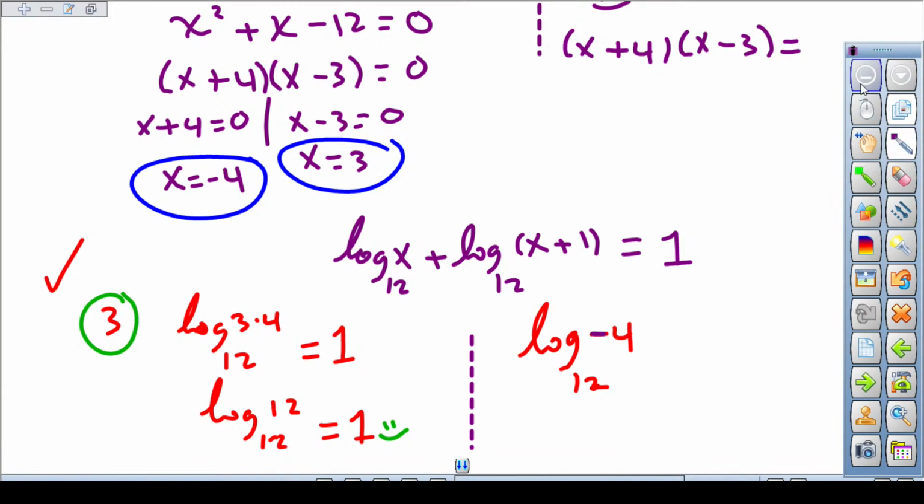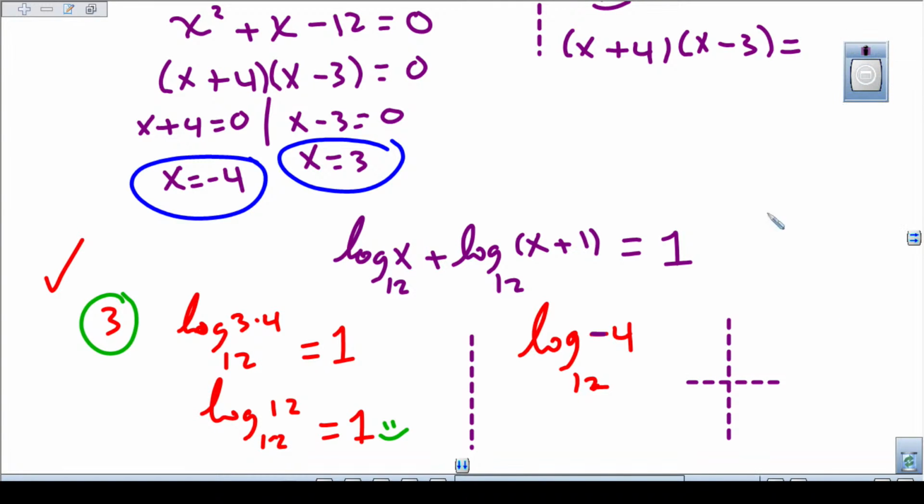And if you recall what we did with the initial graph of the log, when we graphed the log, which was the inverse of the exponential, it was like this. That's the log, right? And there's no log of a negative number. There's a vertical asymptote down here that you cannot cross.